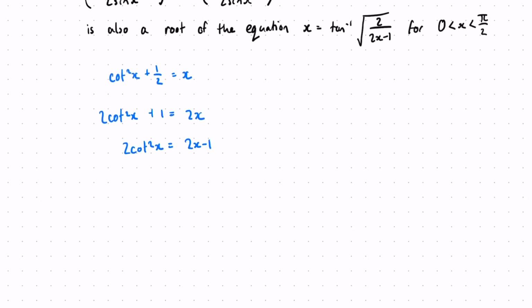Then I'm going to think about what 2 cot squared x means. Well, 2 cot squared x means 2 over tan squared x, which is equal to 2x minus 1. I'm going to do a quick flip around to go 2 over 2x minus 1 equals tan squared x.